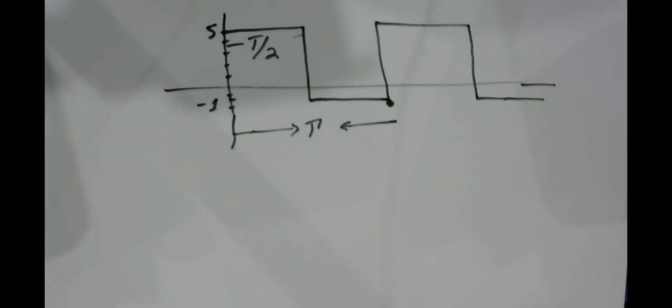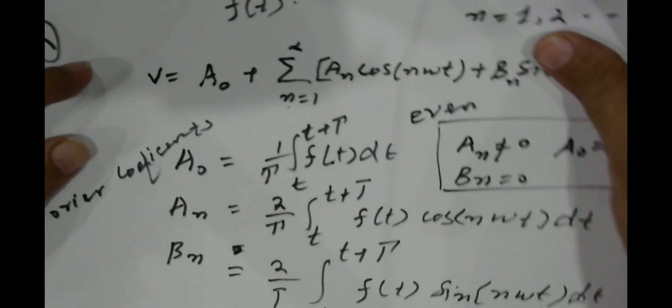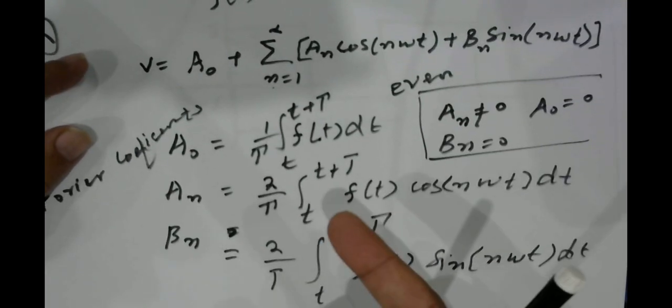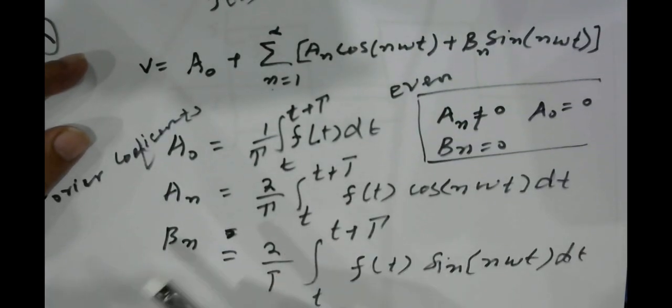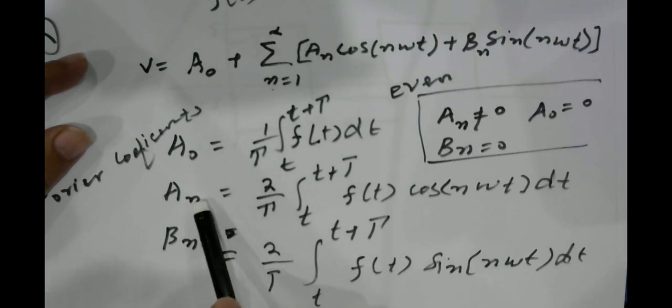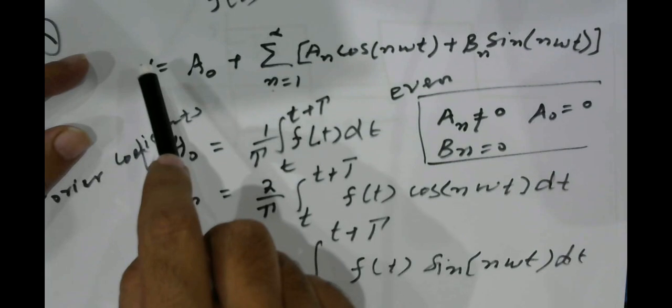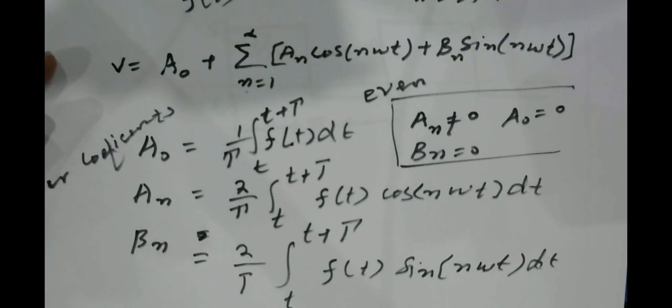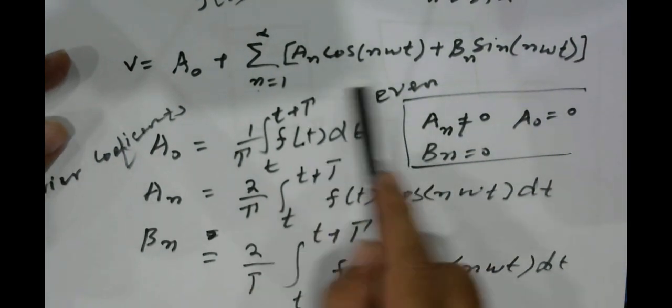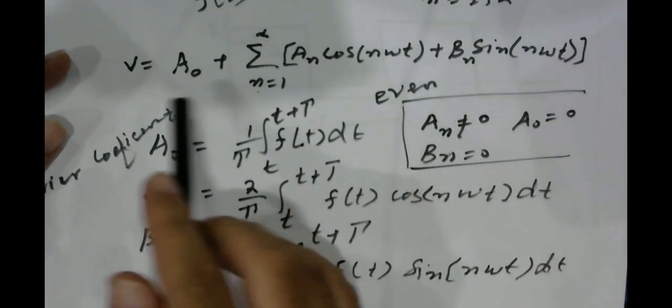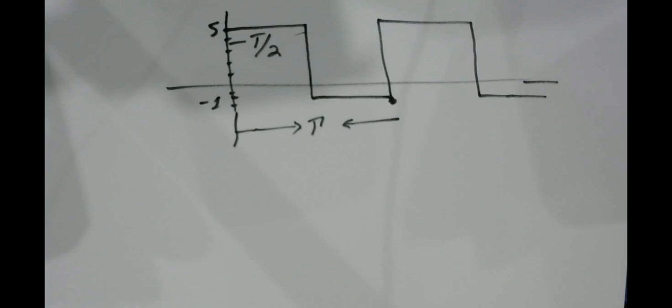In this formula we just apply these equations, okay. You just need to play with this equation, okay. First you need to find a naught, first you need to find a n, then b n, put these values over here. You will get your desired result, okay. And I'll show you how these sine and cosine waves will combine together to form your desired signal, okay.